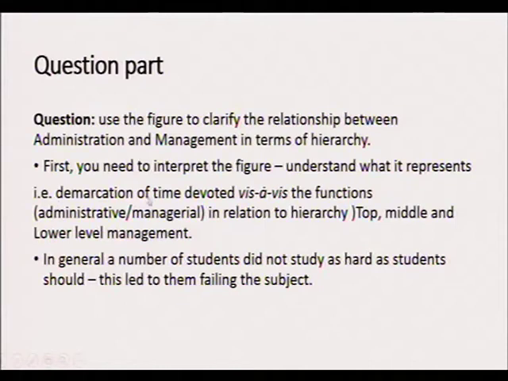That is the demarcation of time devoted vis-a-vis, that means in relation to the functions, administrative and managerial, in relation to the hierarchy, which means top level, middle level, and lower level management. That is a very typical example of how you can interpret a question and apply your knowledge.